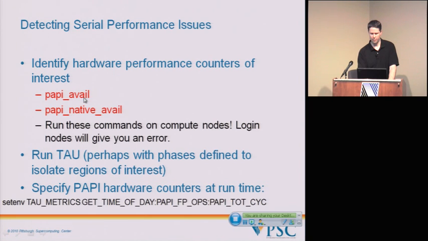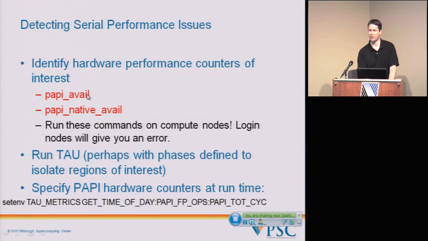Some counters are mutually exclusive. There are some things that you can't measure simultaneously, even if you have enough registers to do it. And there are commands in papi_avail. You can give a list of arguments to papi_avail, and there may be a command line option there, I forget. But you can give it a list of the counters that you'd like to check on a particular machine at a given time.